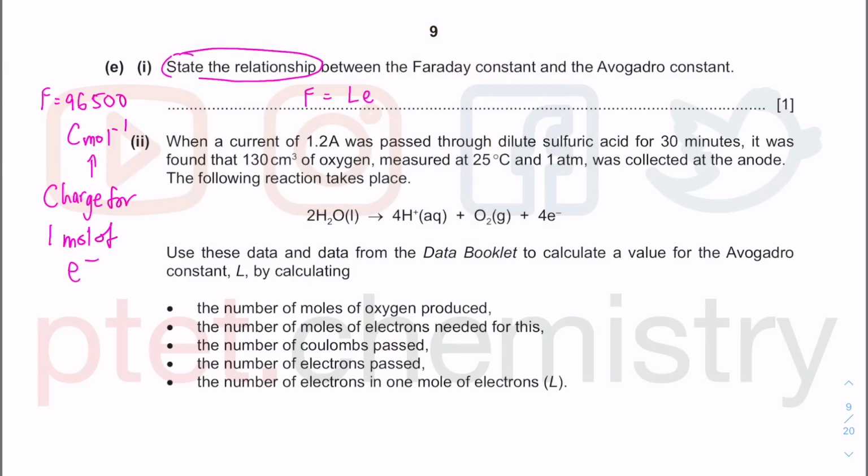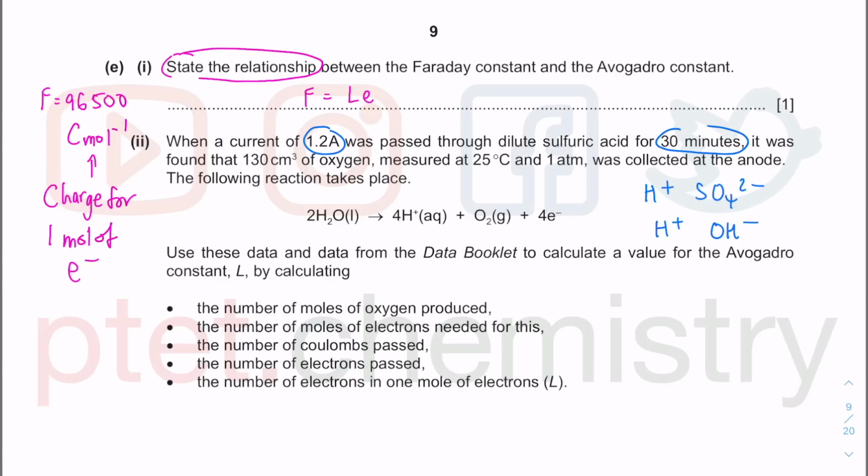Now when you pass a current of 1.2 ampere over 30 minutes into dilute sulfuric acid, we are going to do an electrolysis of dilute sulfuric acid, straight from your O level or IGCSE level chemistry. You have the sulfuric acid, which gives you H plus, SO4 2 minus, H plus and OH minus.